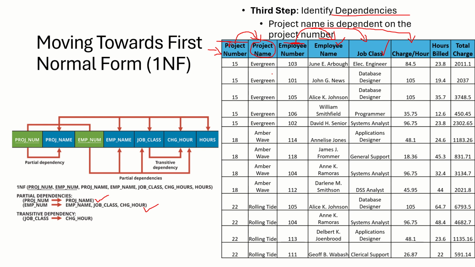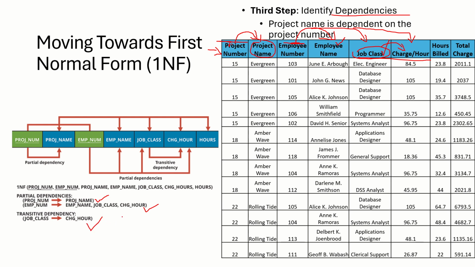Based on project name, can you know any of the job classification? No. Charge? No. Okay, but how about job classification? Based on the job, you can tell how much charge. Right, you can tell. So this is one of the transitive dependencies, which is right here.